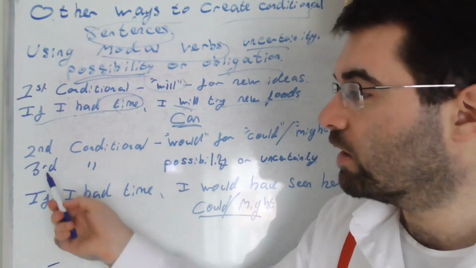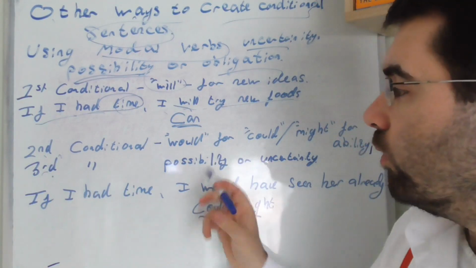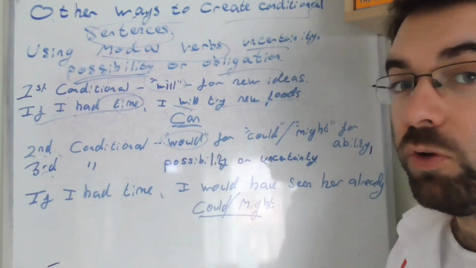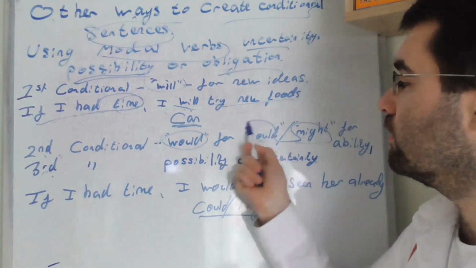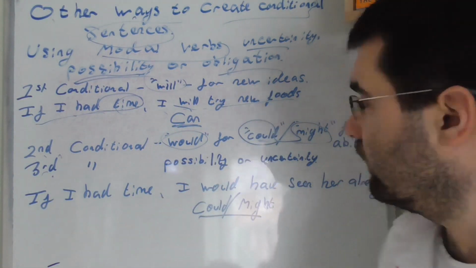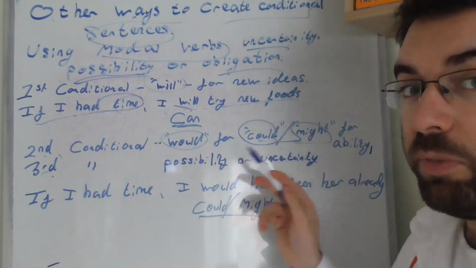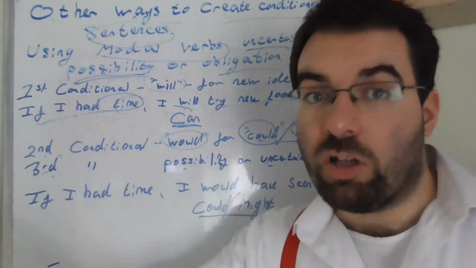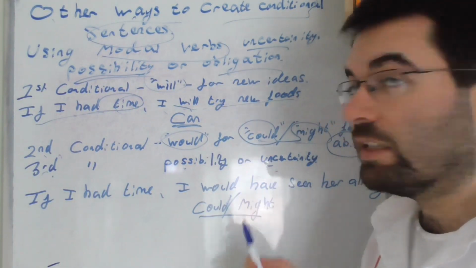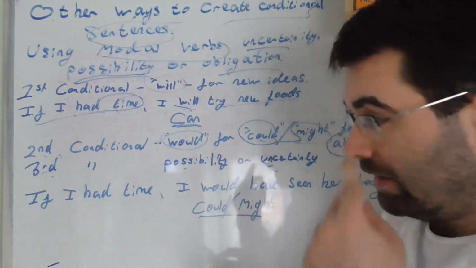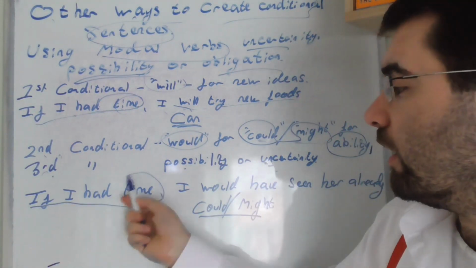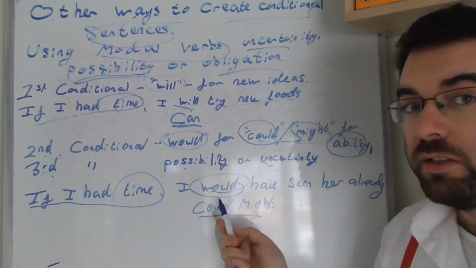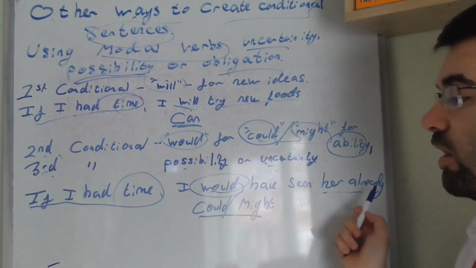But in the second and third conditional, would can be replaced for could or might. So, again, to create possibility, or uncertainty, or ability. What you can or can't do. Or uncertainty, like what's going to happen. So if I had time, I would have seen her already.